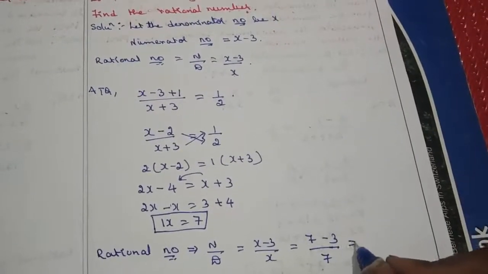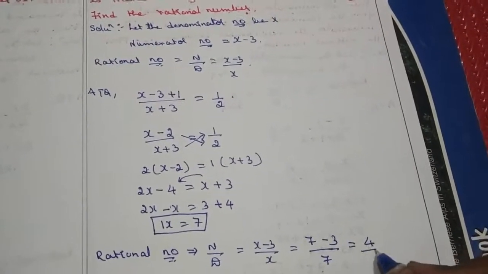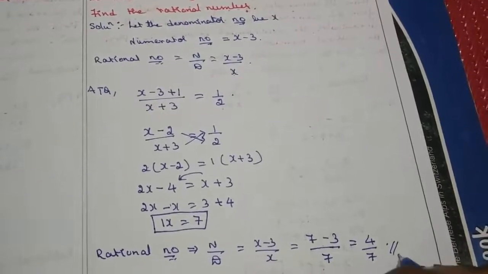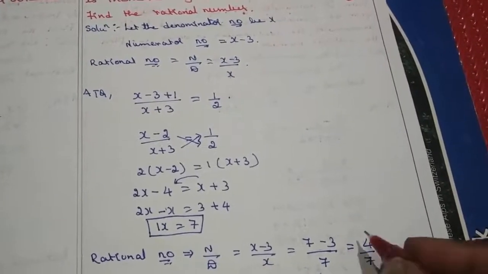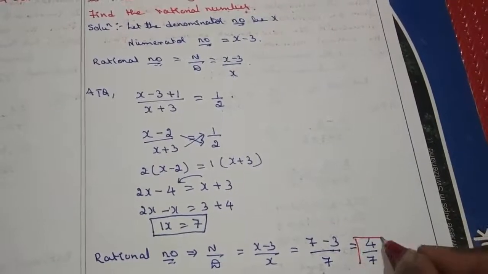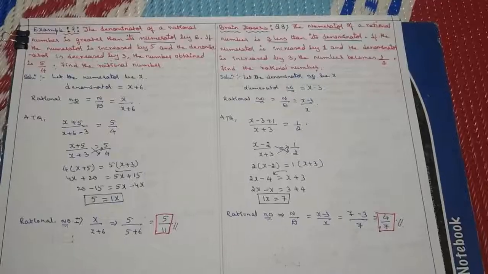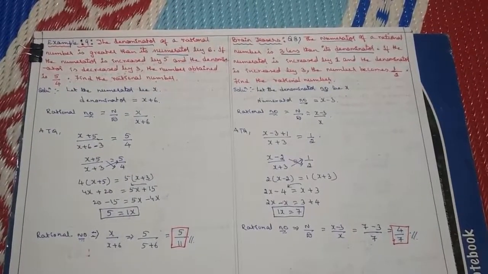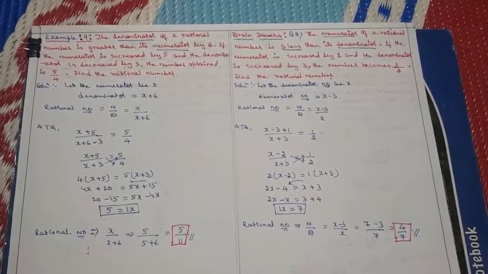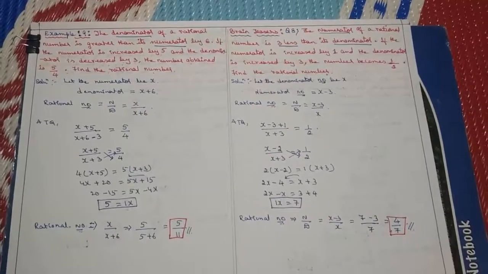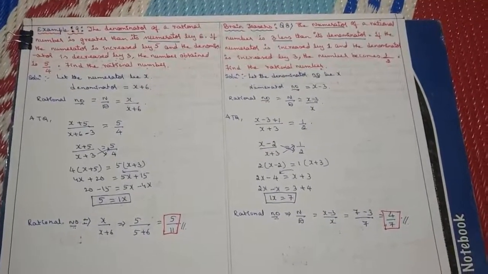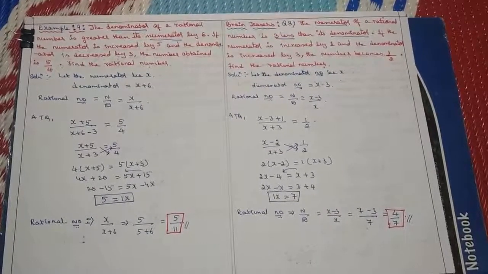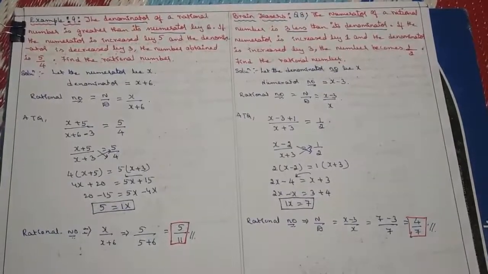So 7 minus 3 is nothing but 4 divided by 7. So this was our rational number. This is how we need to find it when the rational number is asked with the comparison of numerator and denominator, or when the numerator and denominator are given in ratios.